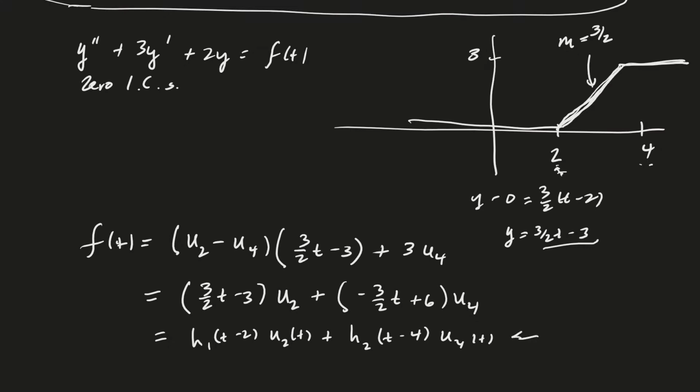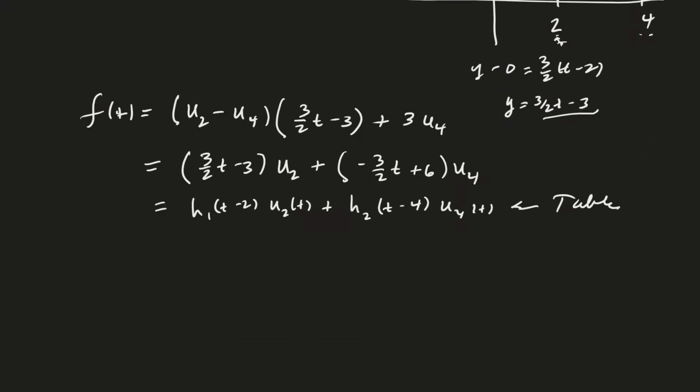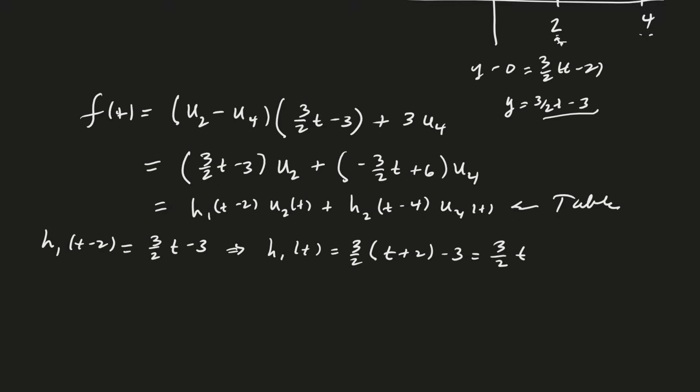So I'm putting this in terms of the table. Then h1 of t minus 2 is 3/2 t minus 3. So that means that h1 of t must be 3/2 times t plus 2, minus 3. That's 3/2 t plus 3 minus 3, so it's just 3/2 t. Very good.